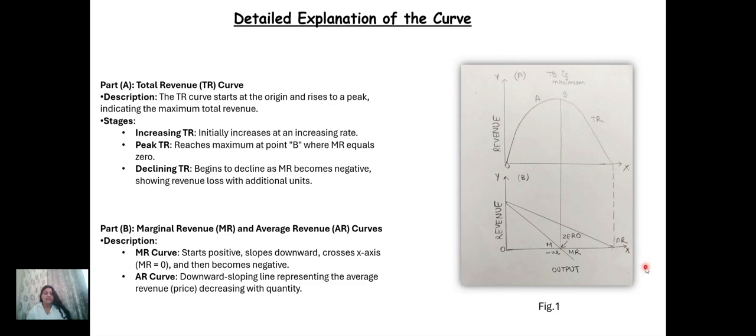So this curve explains that total revenue, marginal revenue, and average revenue can change with each other.